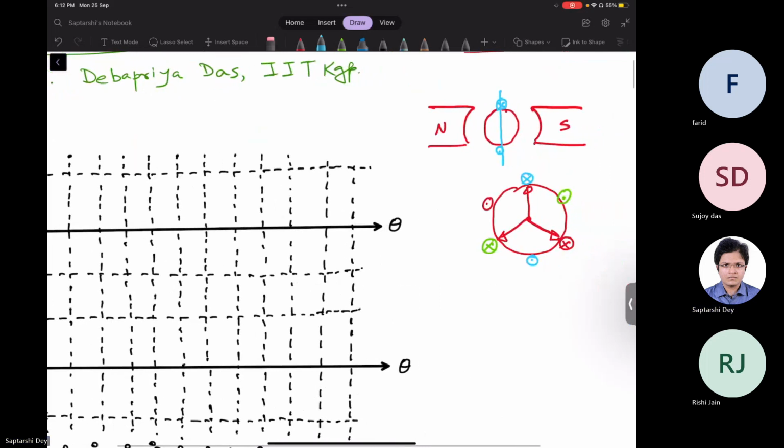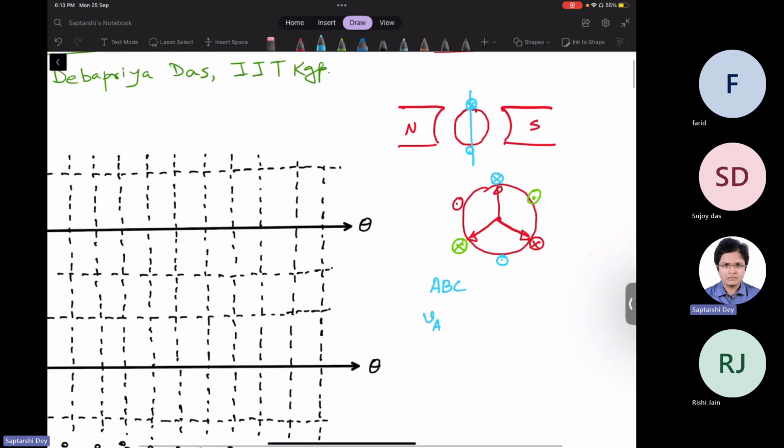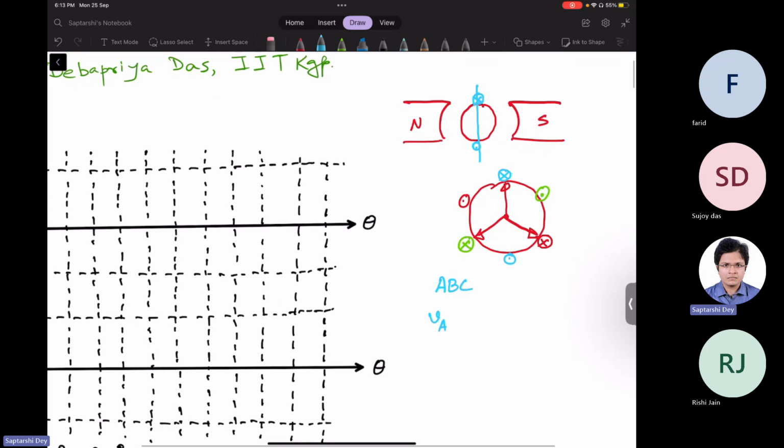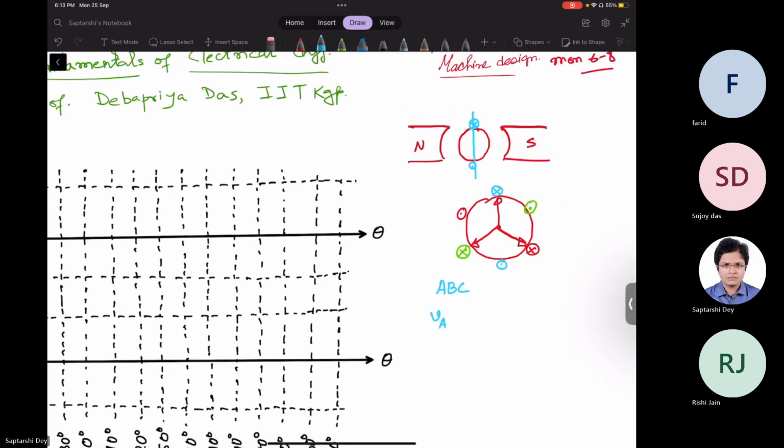Now, if we take a phase sequence of A, B, C like this, let us talk about phase voltage. VA with respect to some neutral N, phase voltage is some amplitude V sine omega t. Now, phase sequence is ABC, so B will lag A by 120 degree.